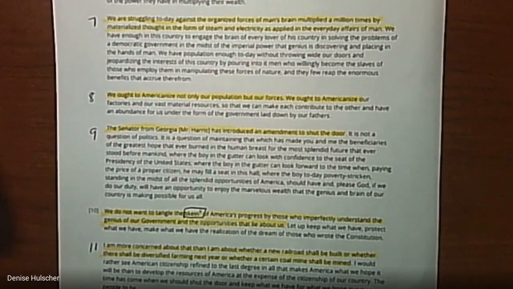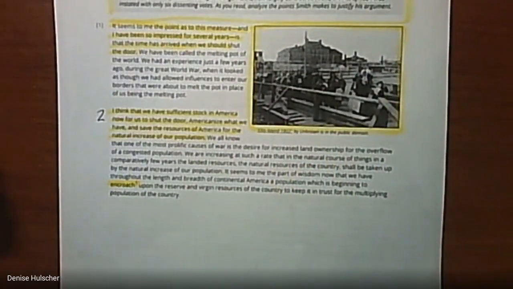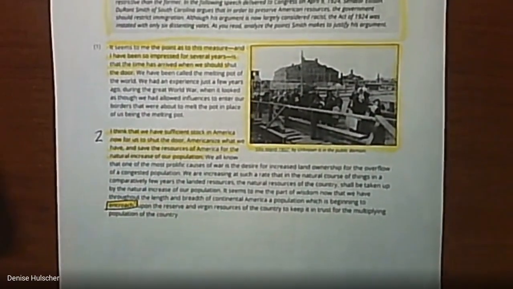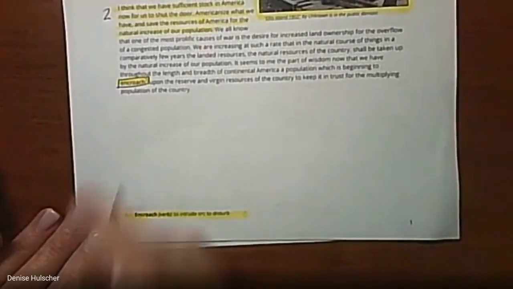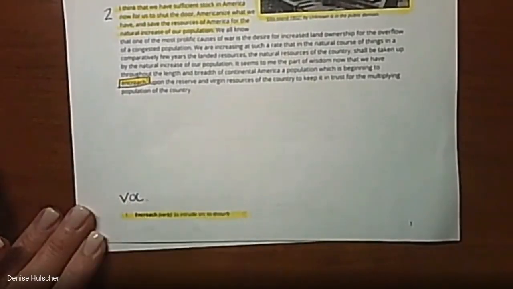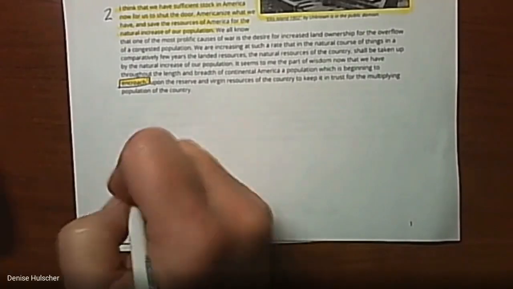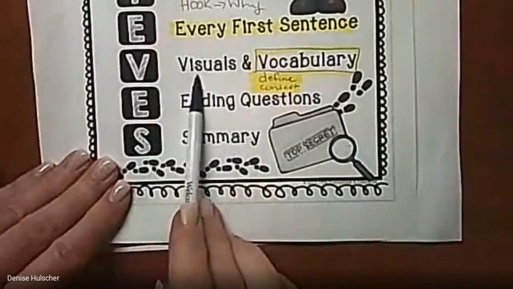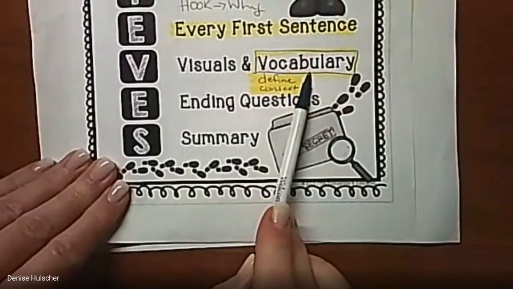And of course, as a reader, there might be other words that I'll want to take and highlight and find the meaning. And then I'll just, down here at the bottom, I'll put any other vocab words that I find. Okay. All right, so that takes care of our V, visuals, and vocab.